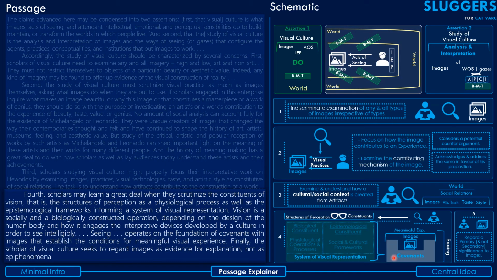When these covenants, these components, come together, the images are always viewed like you have the biological and physiological processes running, and you view the images via epistemological frameworks, right? When the images are viewed in tandem, on the foundation of these covenants, it makes up for a meaningful visual experience. That's what he says in this second last sentence.